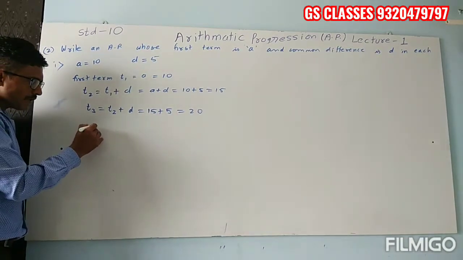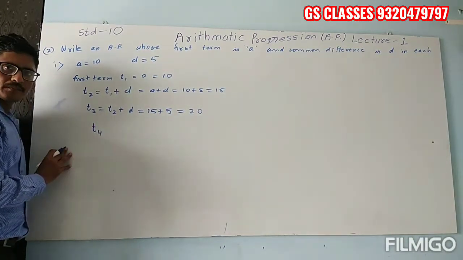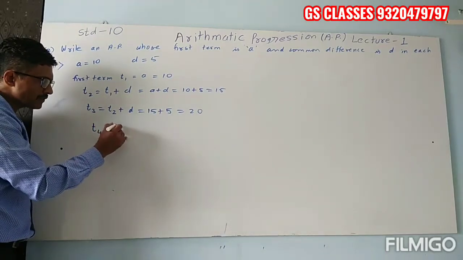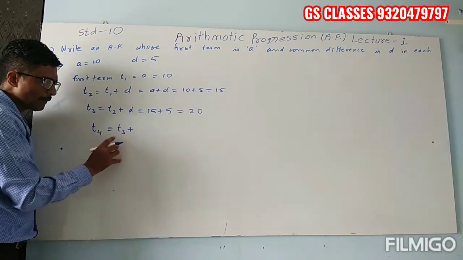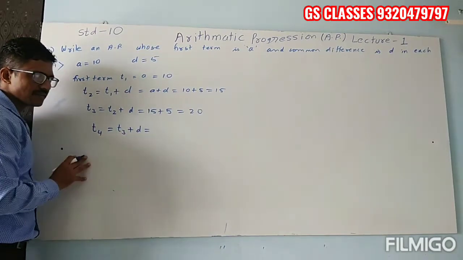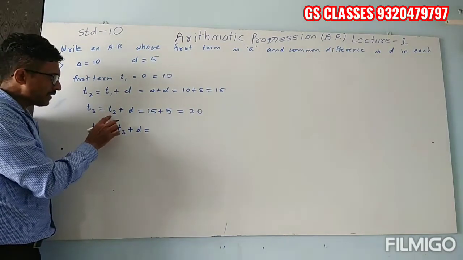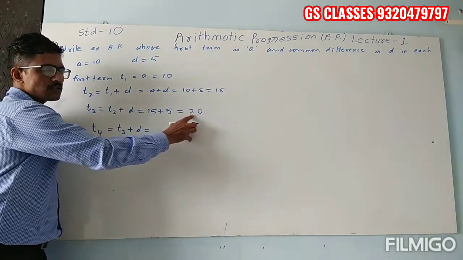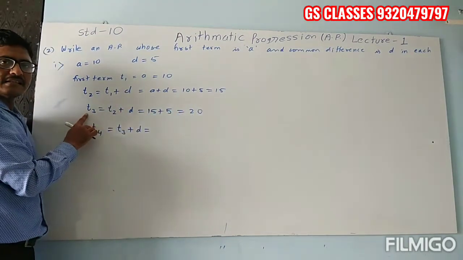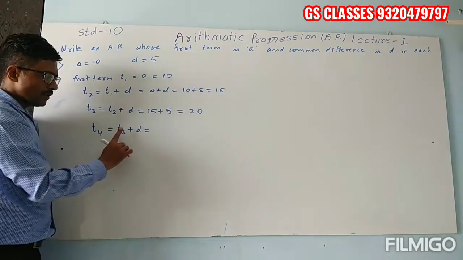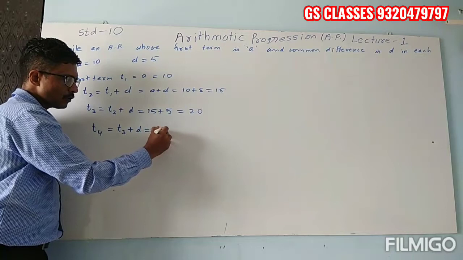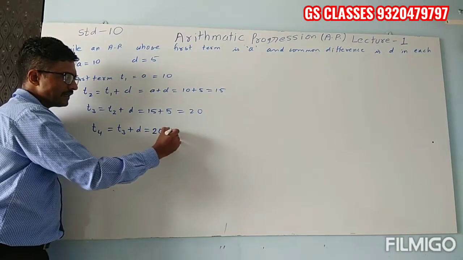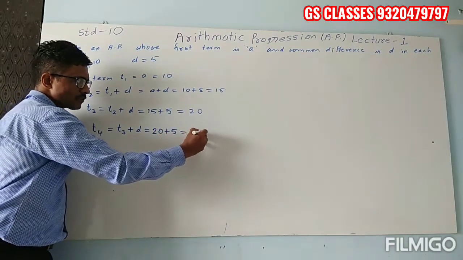Now if you have to calculate T4, you should write T3 plus common difference. What is T3? T3 is 20. So T3 plus D, that is 20 plus D. D is what? 5. It is 25.